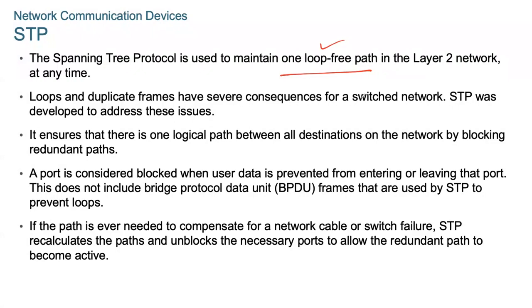So the spanning tree protocol is used to maintain one loop free path in the layer 2 network at any time. This redundancy increases the availability of your network topology by protecting the network from a single point of failure.